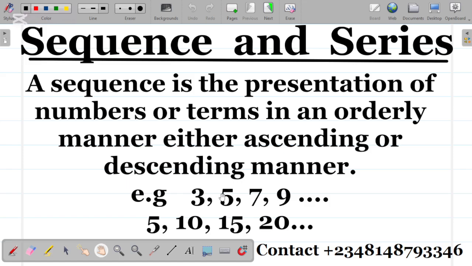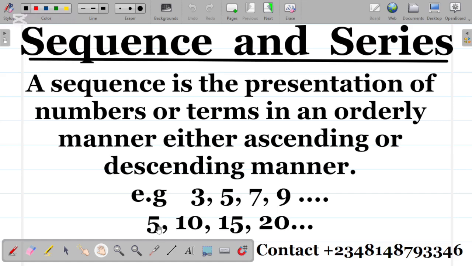You can see that 5 is greater than 3, 7 is greater than 5, and then 9 is greater than what? 7. So this is an ascending manner. It is arranged in an ascending manner. And you can also see that the terms are separated by commas.